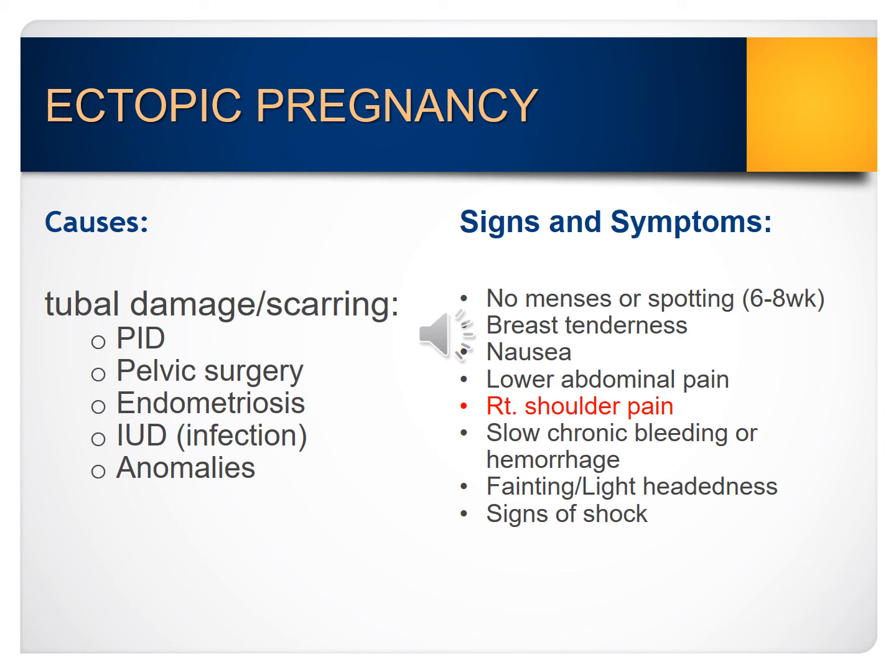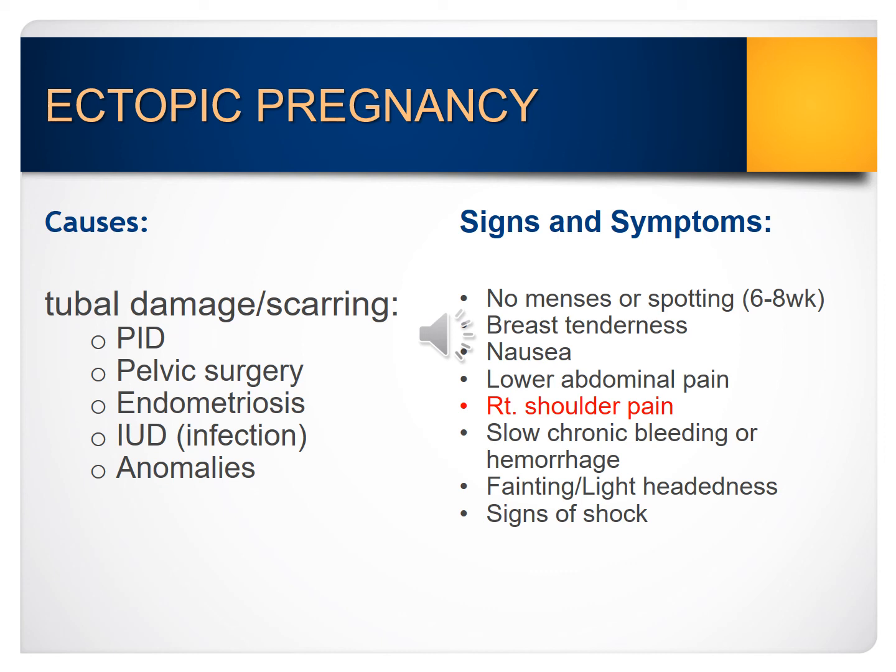So the journey of that fertilized egg is halted for whatever reason in the fallopian tube. And so as this embryo tries to grow and develop, it starts to draw blood from the site of implantation. So if it implants into the tubes, it's going to draw blood from that site, creating potential for the tube to rupture.